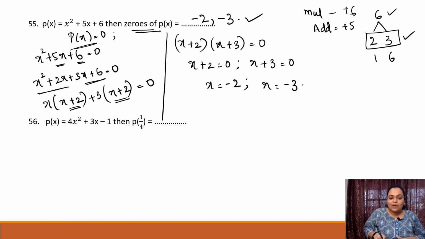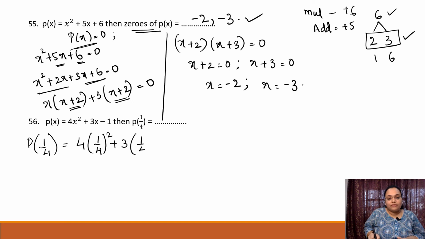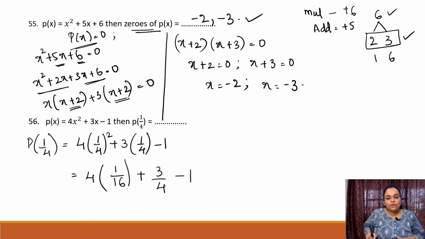Now, let us substitute. p of 1 by 4 is equal to 4 of 1 by 4 whole square plus 3 of 1 by 4 minus 1.